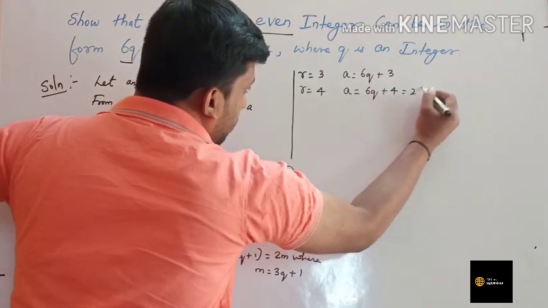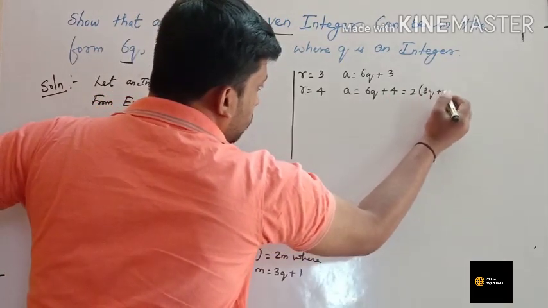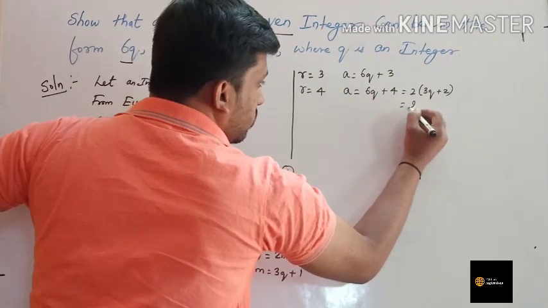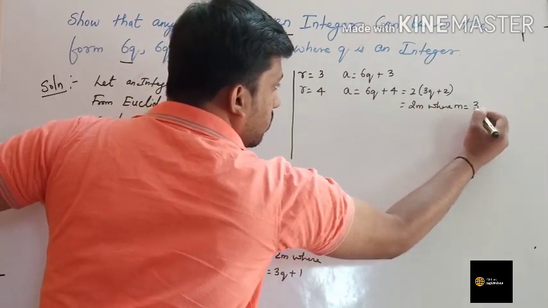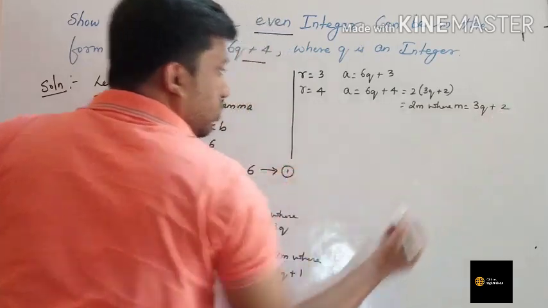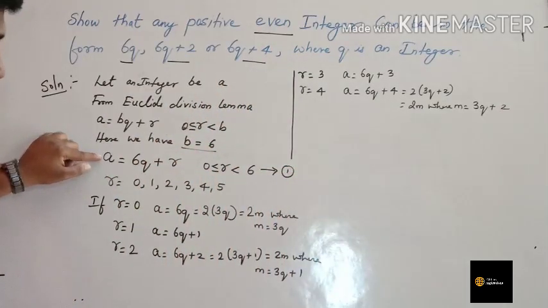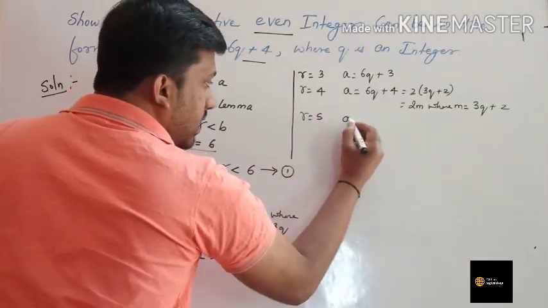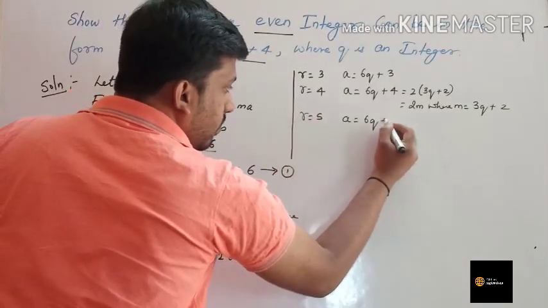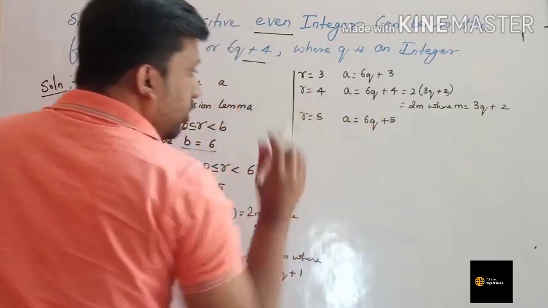Again I can take 2 common, so this is 3q plus 2, that is equal to 2m, where m is equal to 3q plus 2. Are you able to follow? Yes. Again I am going to take r is equal to 5. So a is equal to 6q plus 5, I cannot take anything common.